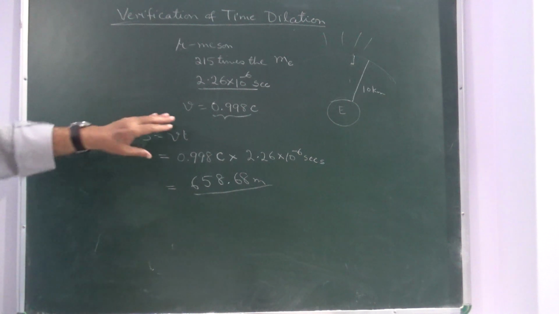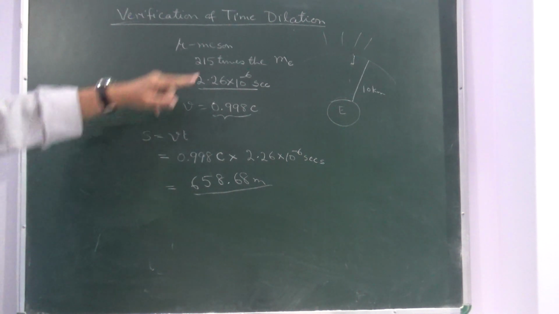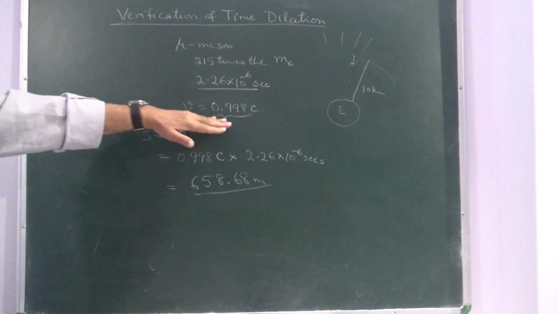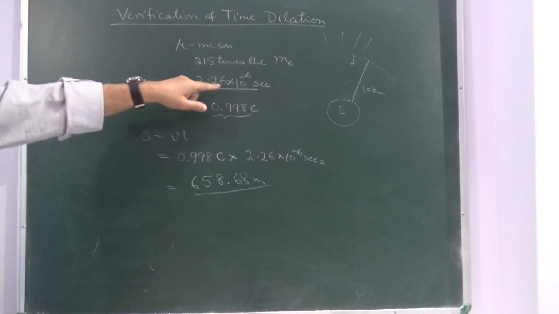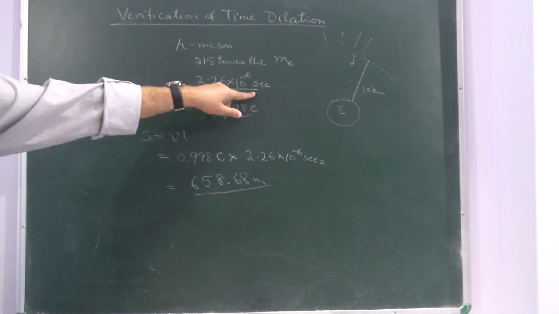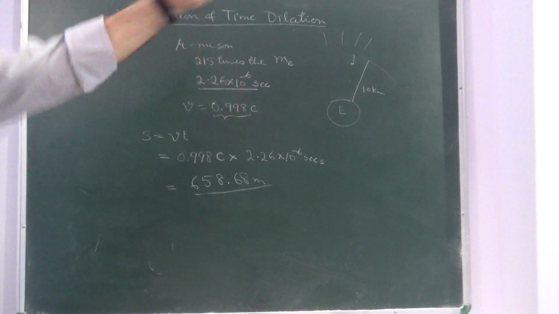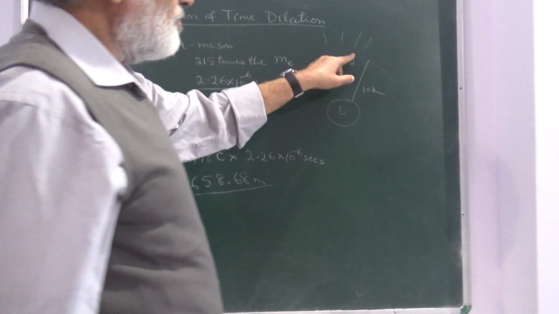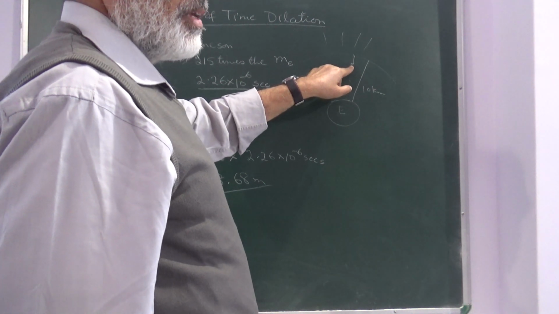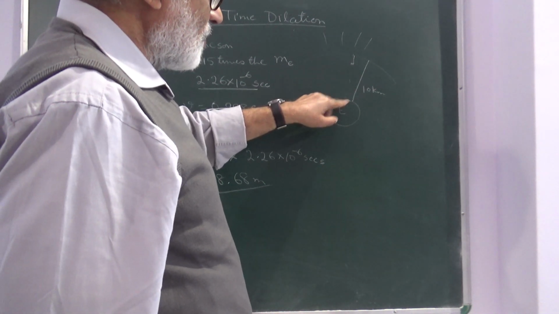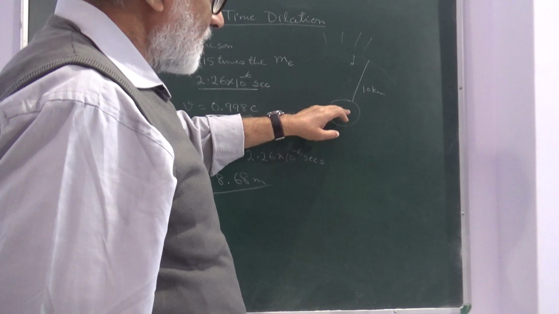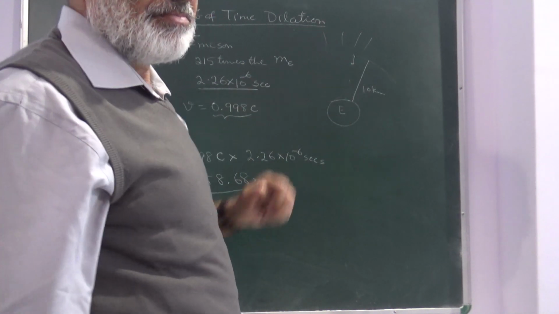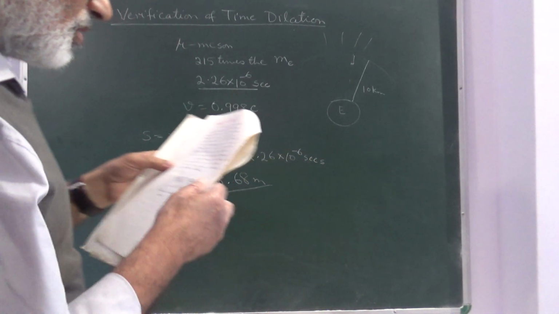Because we haven't taken into account the time dilation. This time, 2.26 times 10 to the power minus 6 seconds, is its time in its own reference frame, which is the moving frame. And according to the Lorentz transformation, the time we measure must be different.